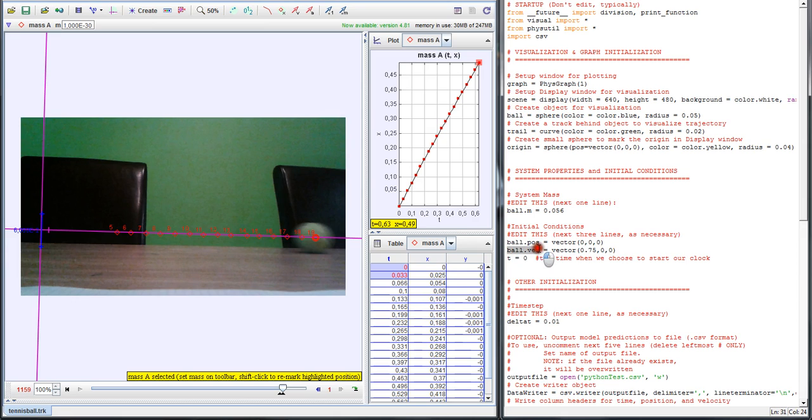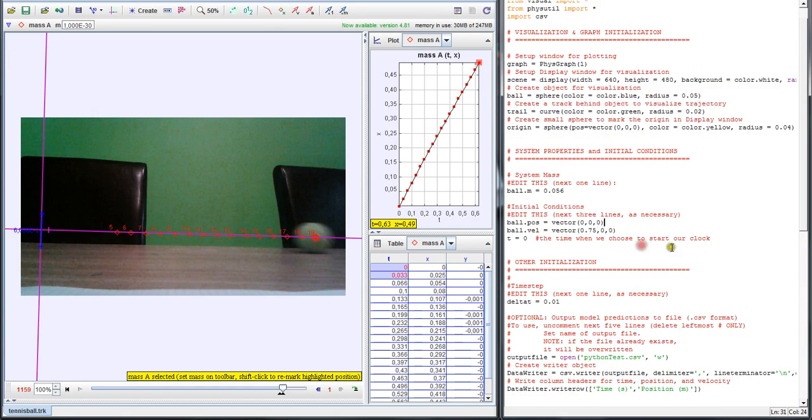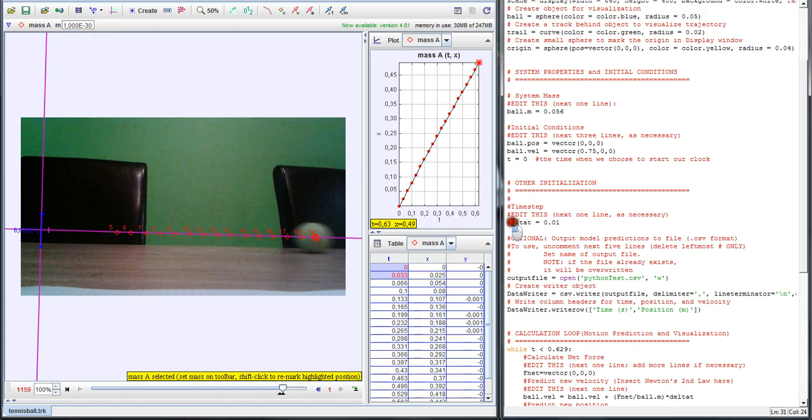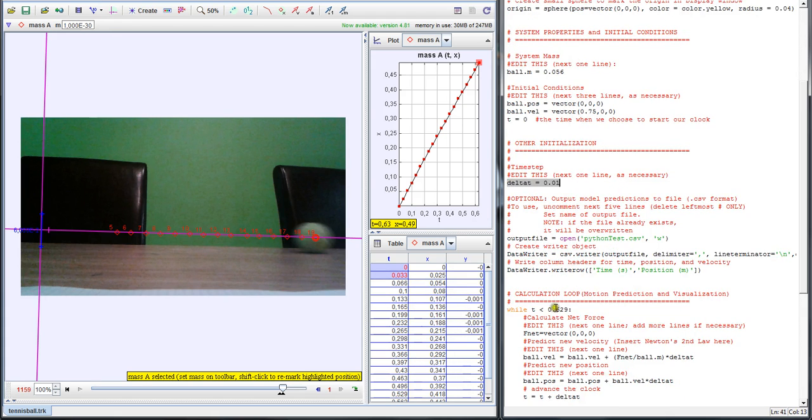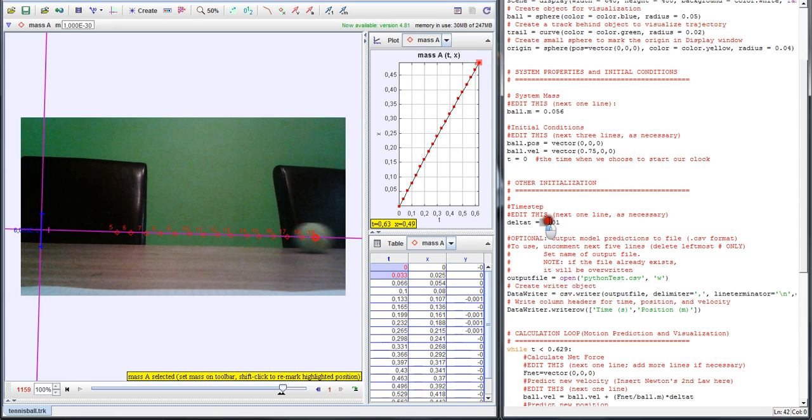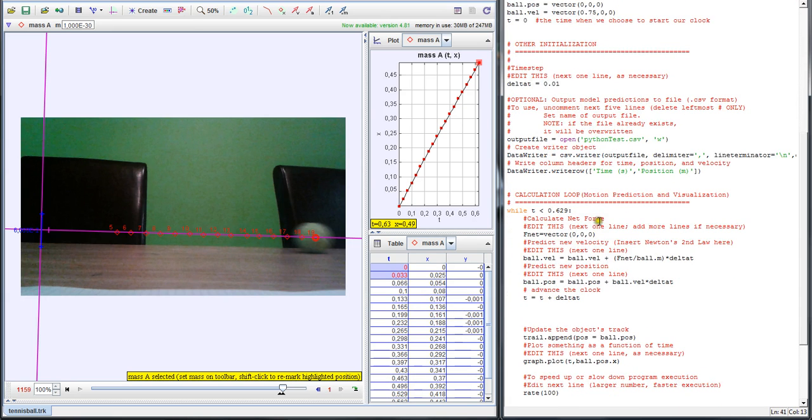The initial velocity vector of the ball in component form is 0.75 meters per second along the x, 0 along the y, 0 along the z. The delta time, which is being iterated here, is 0.01 seconds. So we had to apply a net force in vectorial component form of 0 along the x, 0 along the y, 0 along the z.